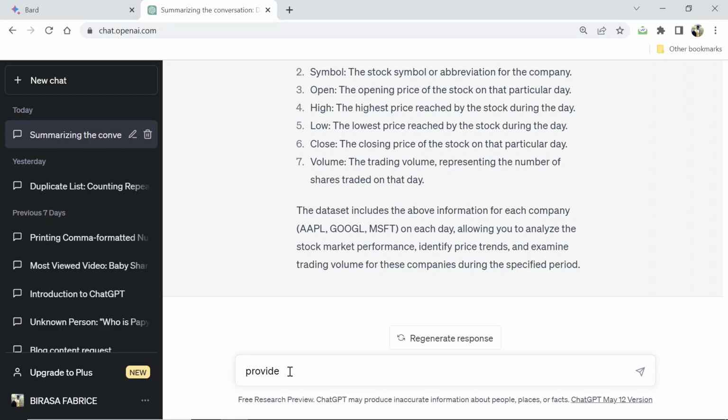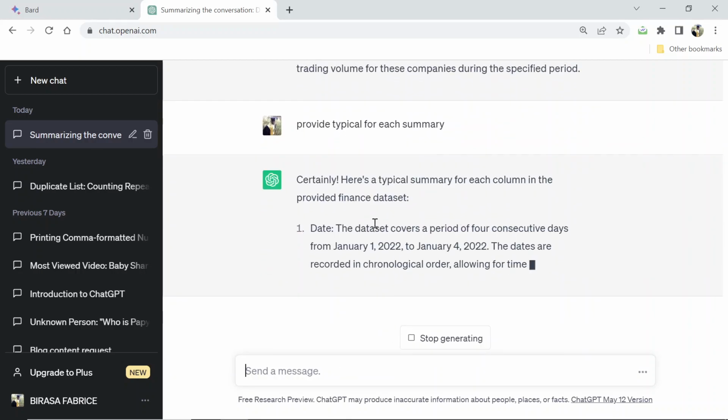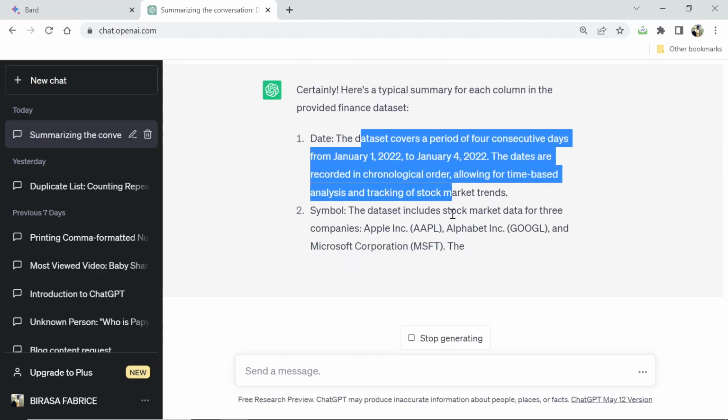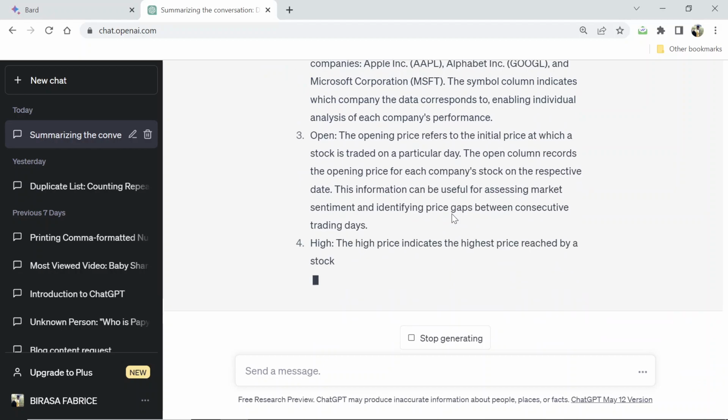Provide typical figures for each summary. Okay. This is good.